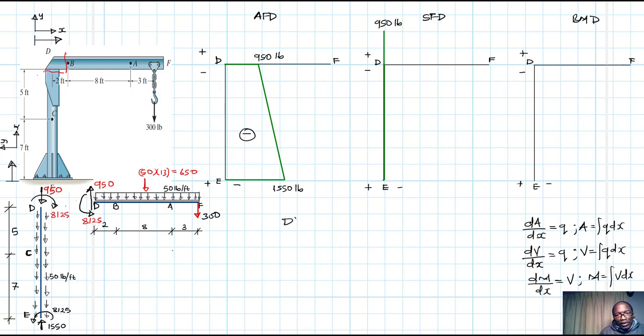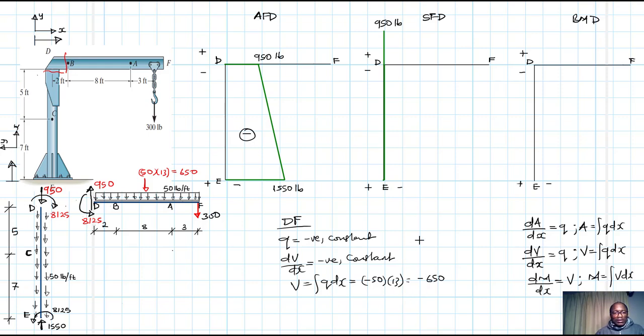From D to F, our q is negative and constant, and therefore our dV/dx, the slope of our shear diagram, is also going to be negative and constant. This magnitude is q dx, which is equal to minus 50 times 13. Minus 50 times 13 gives us minus 650.